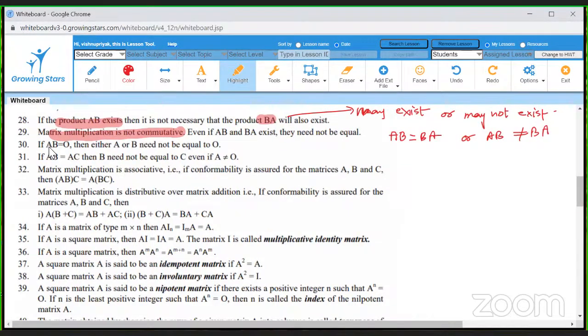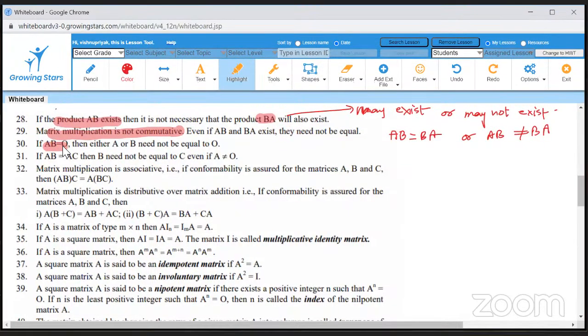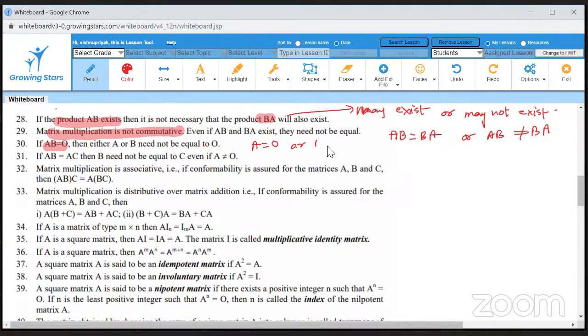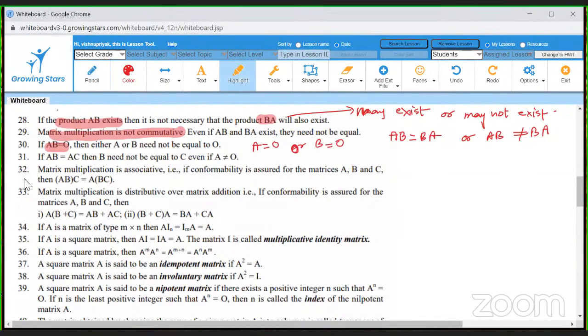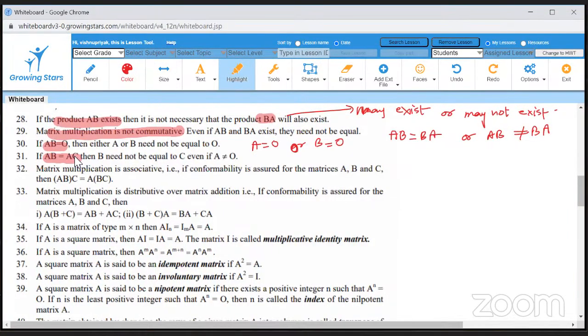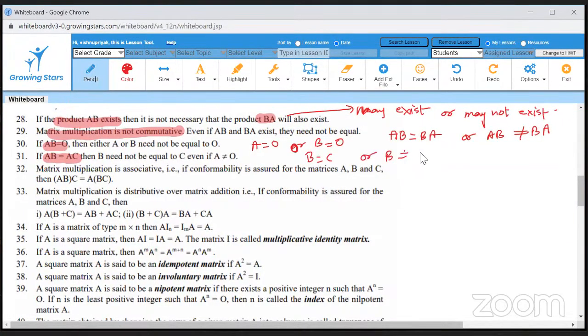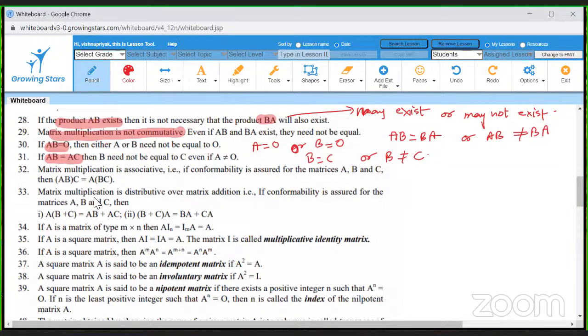If AB is 0, then either A should be 0 matrix or B should be 0 matrix, anyone. If AB and AC are equal, then sometimes B will be equal to C or B will not be equal to C also. Anything can happen.